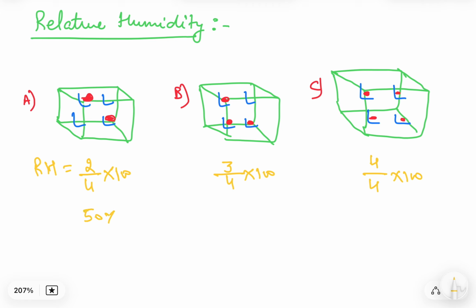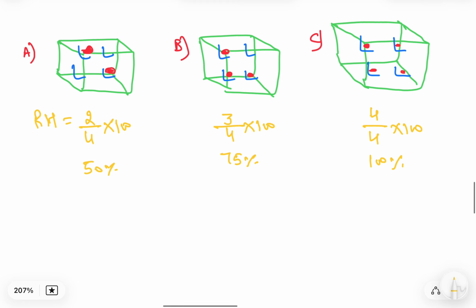So here we have 50% capacity, in this case 75% capacity, and in this case 100% capacity. So the relative humidity in A parcel is 50%, in B parcel 75%, and in C parcel 100%. That is known as saturated air.